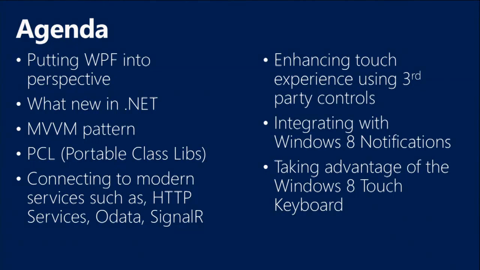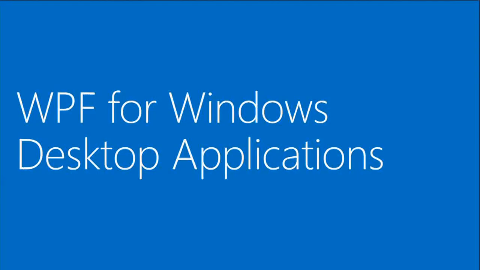Then quite a few assets or points that are important to take into account when developing modern WPF applications, like the model view pattern, portable class libraries, services, and then enhancing touch in WPF applications with partner controls and also custom code that I'll be showing you.